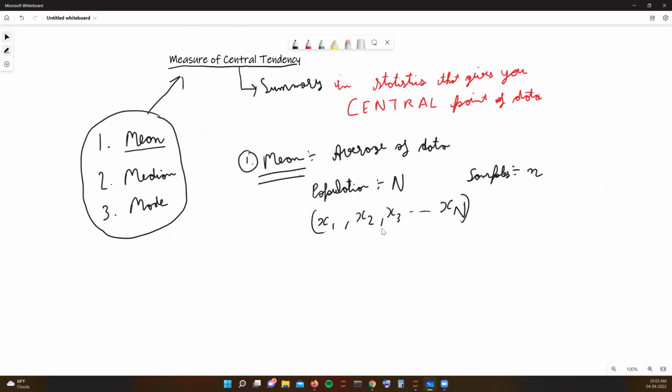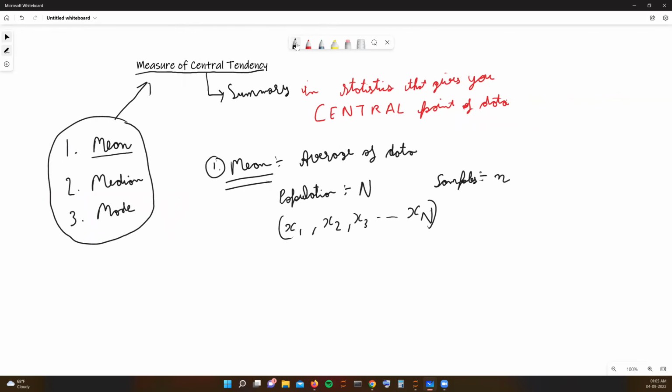So these data points are present inside my population.